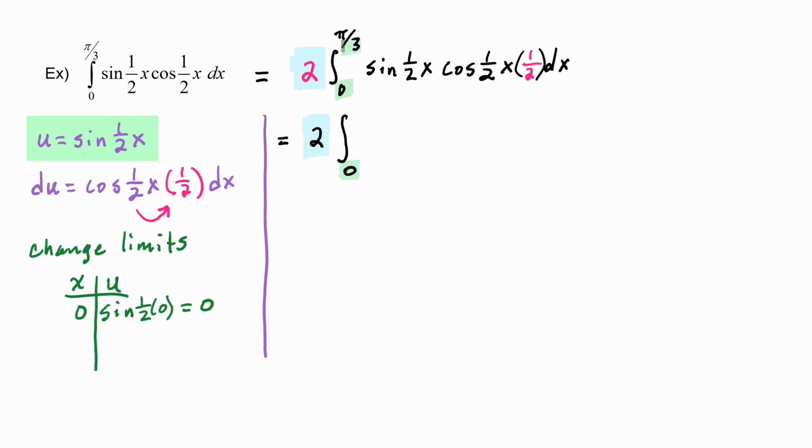Now we have to change the upper limit, and we know in the x variable it's pi over 3. In the u variable, it's going to be the sine of 1/2 times pi over 3. The sine of pi over 6 is equal to 1/2. So the new upper limit here is going to be 1/2.